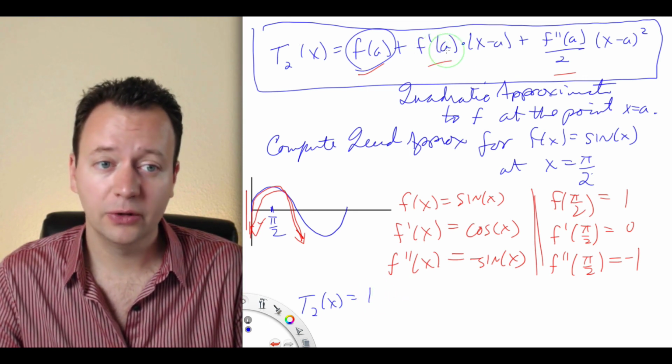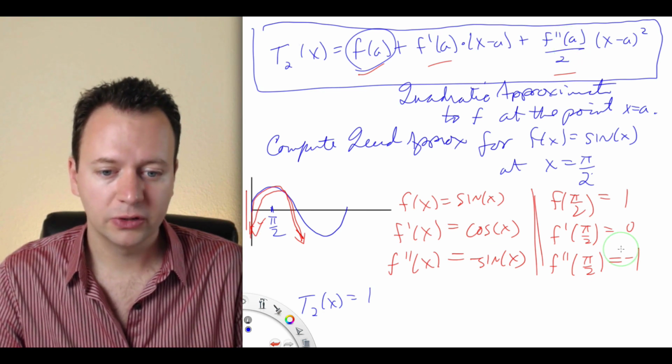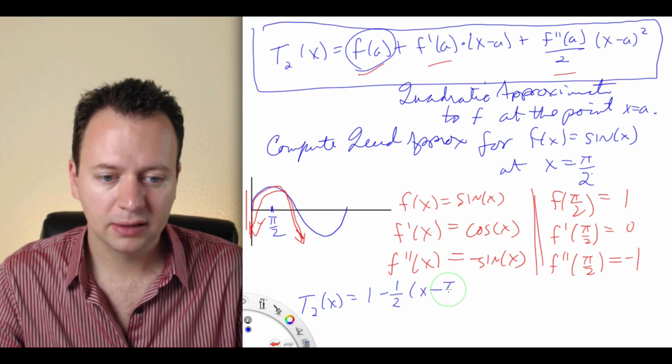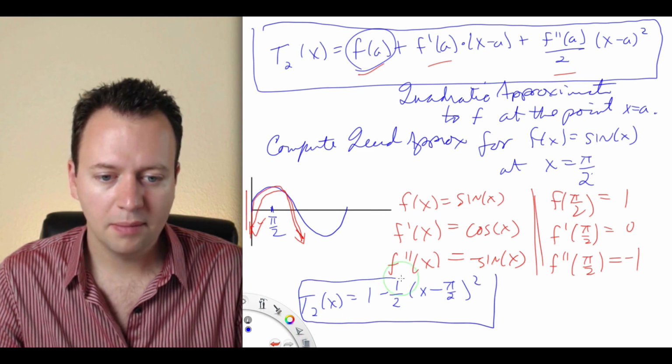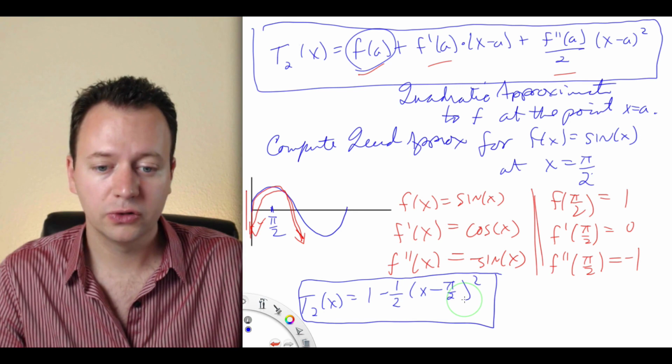F prime was 0, so we skip this term. F double prime is minus 1, so we get 1 minus 1/2 x minus pi over 2 squared.